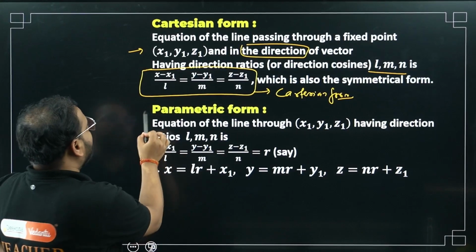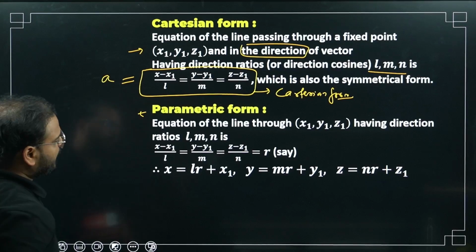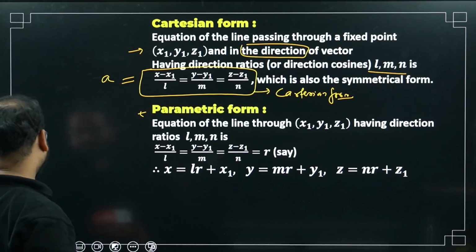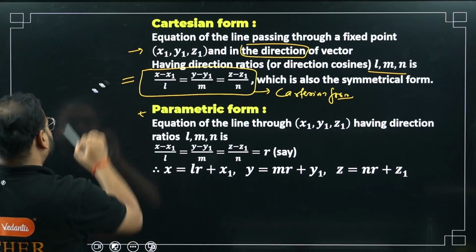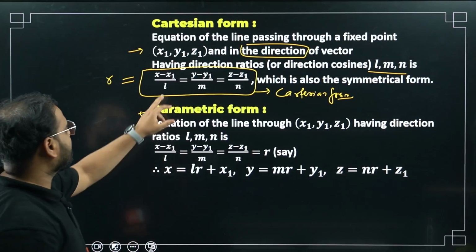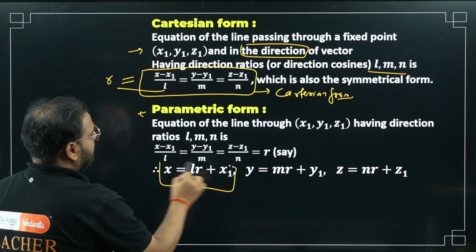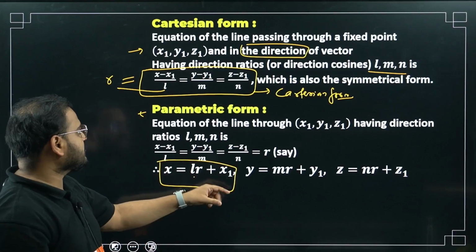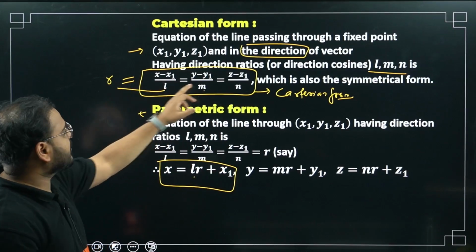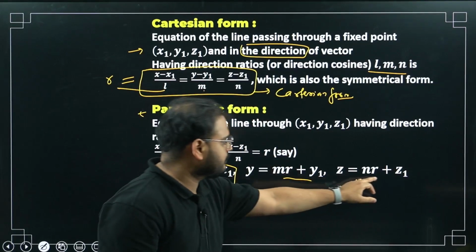Again, in the parametric form, what you can do is equate this with a constant, let's say r. Check here. So I can write this x as l times r plus x1. Please check here, l times r, so lr plus x1. Over here, m times r plus y1 and n times r plus z1.